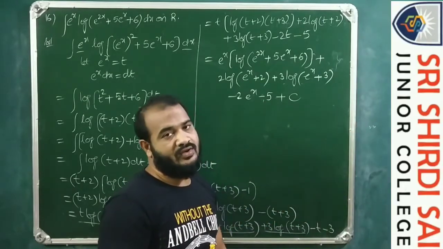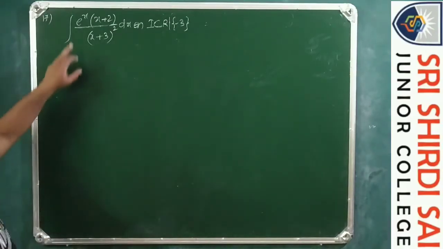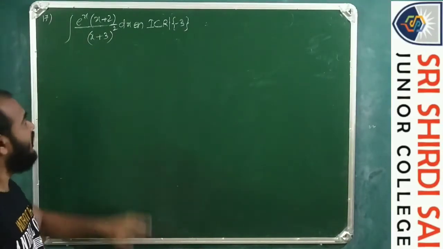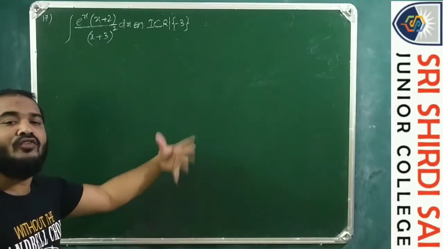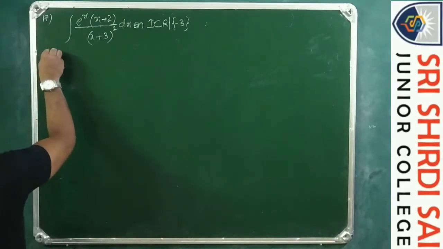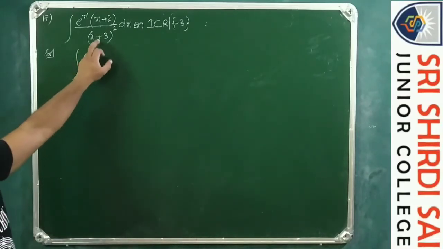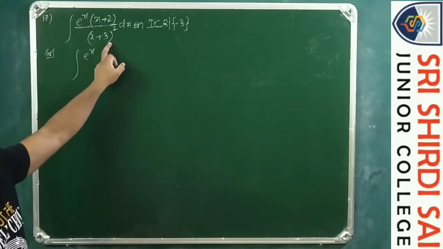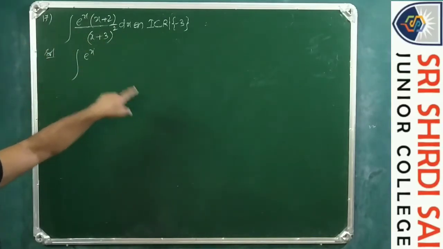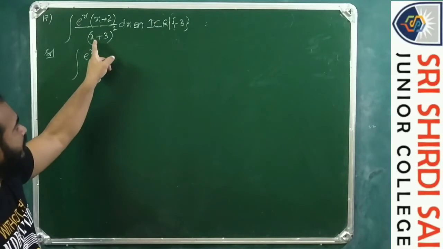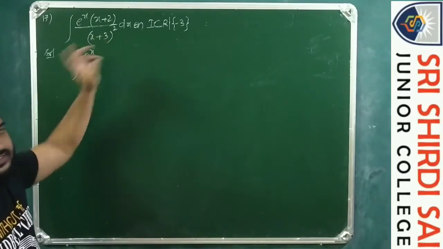Integral e power x into (x+2)/(x+3) whole square dx. This kind of problem we have seen before also. So this is e power x into, so compare with the denominator, x plus 3 is here. So let us adjust the numerator by taking x plus 3 as the basis.